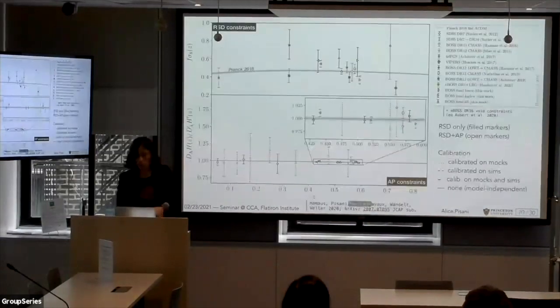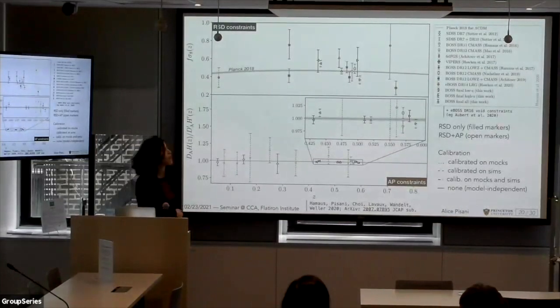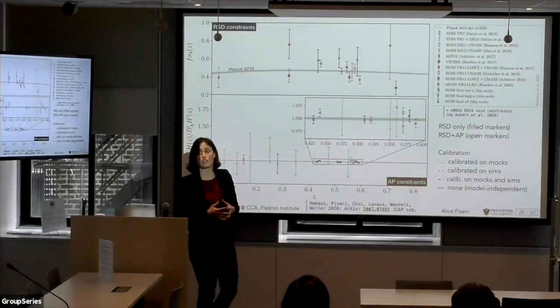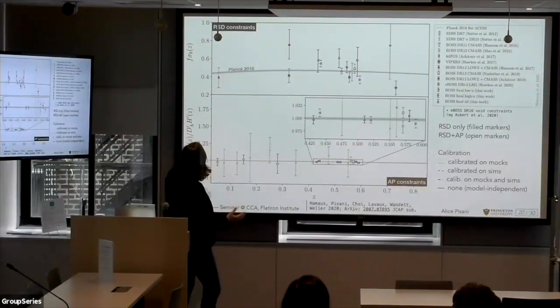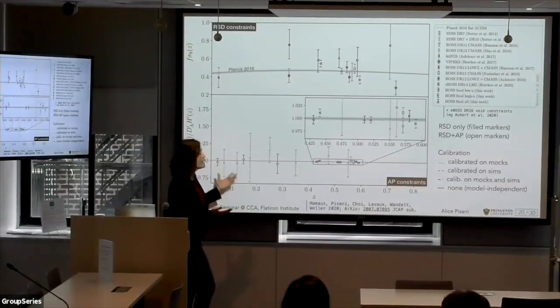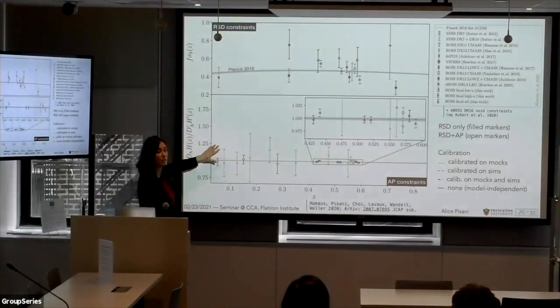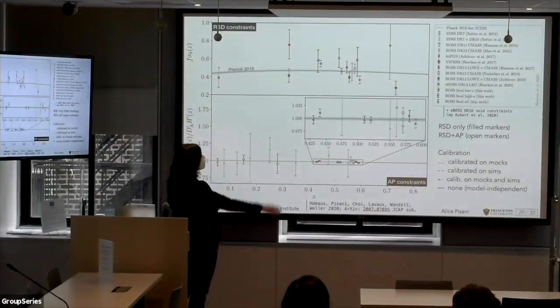Before moving to another observable, this plot shows all the progress that we have made in the measurement and use of the void-galaxy cross-correlation function. Ten years ago, we had no points for this plot, and we now have constraints from redshift space distortion on the top plot and from alpha-Pisani on the bottom plot. You can see that a bunch of analyses have been done.